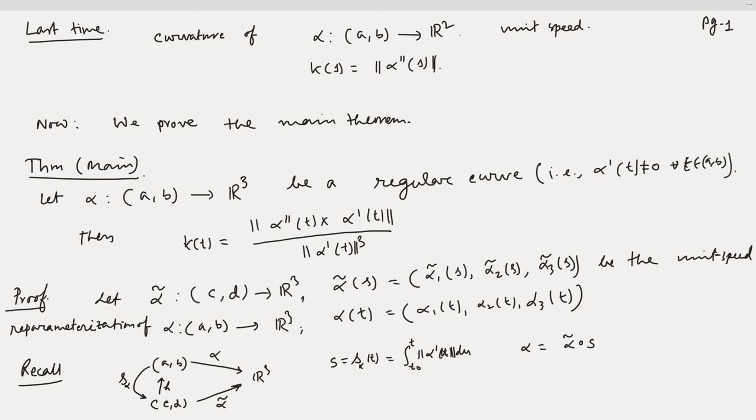From here we have d alpha/dt equal to d alpha tilde/ds, using the chain rule, times ds/dt.